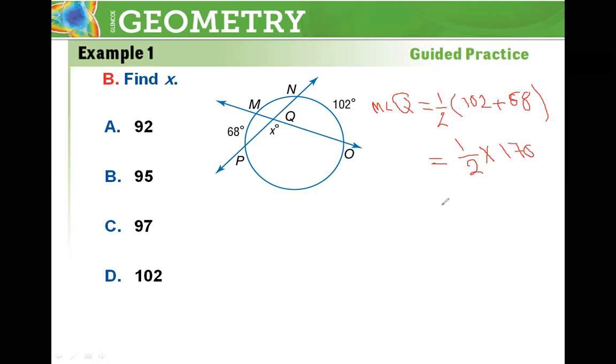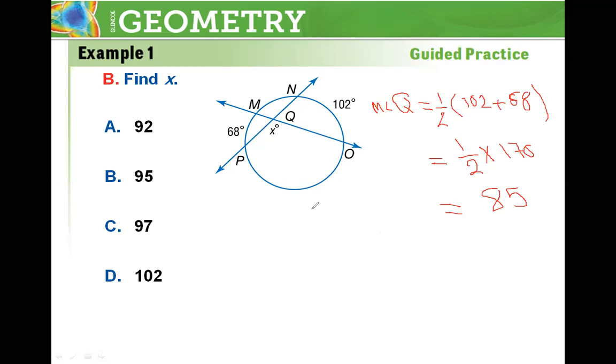Half of 170 is 85. This is the measure of angle Q, not the measure of angle X.